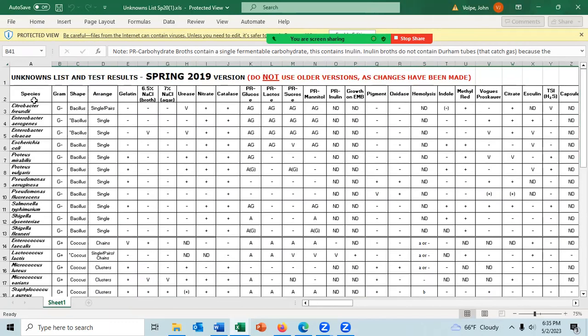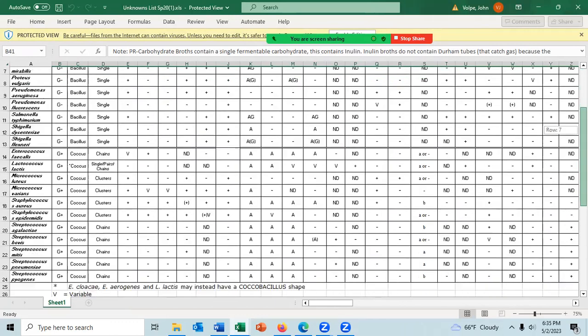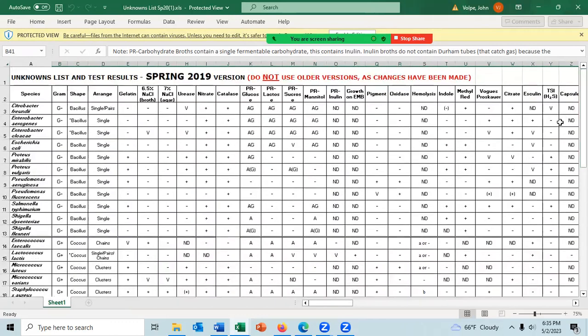The first right here are gram negatives. The ones down here are gram positives. So I'll give you a number and it represents one of these species. And then you will be performing different tests, which are up here, to try and identify these species. So that's the goal. Any questions about that part?